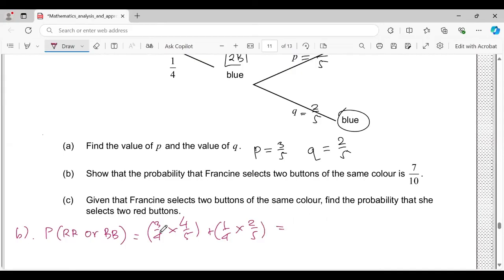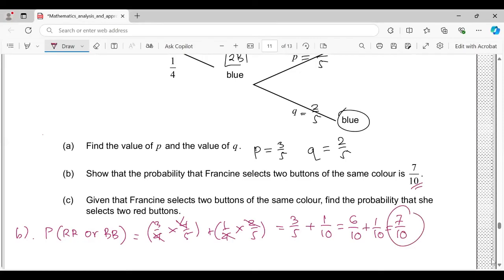It becomes 3/5 plus 1/10, or 6/10 plus 1/10, 7/10. Okay, so proved.